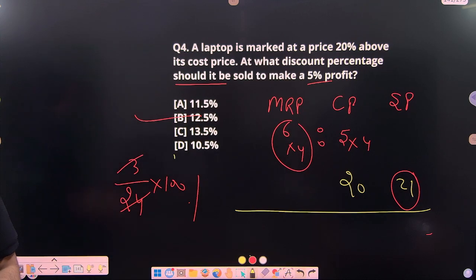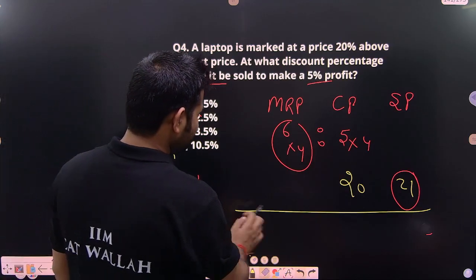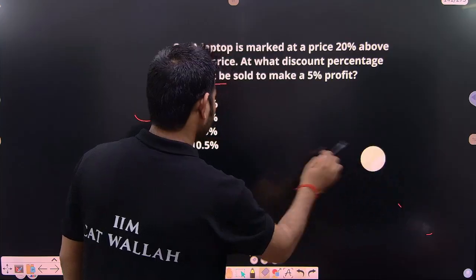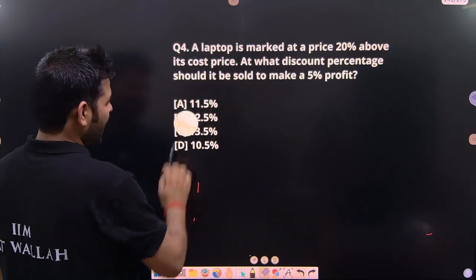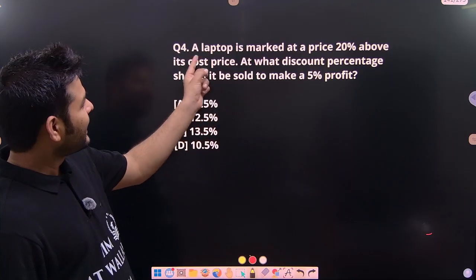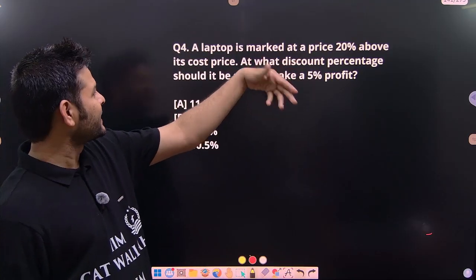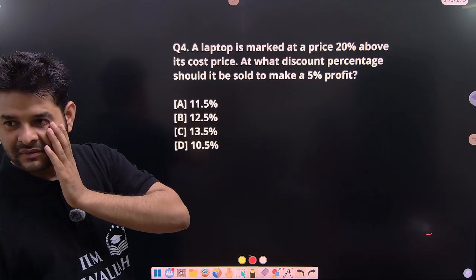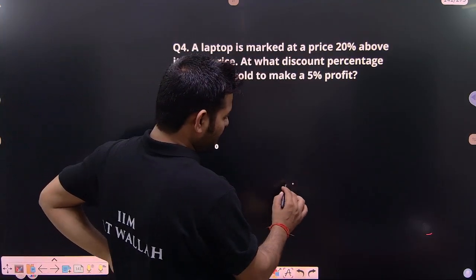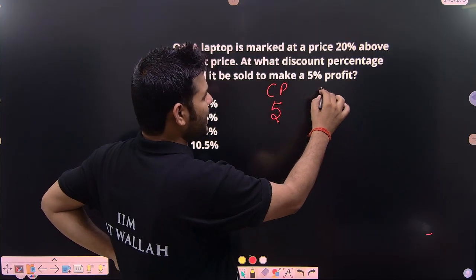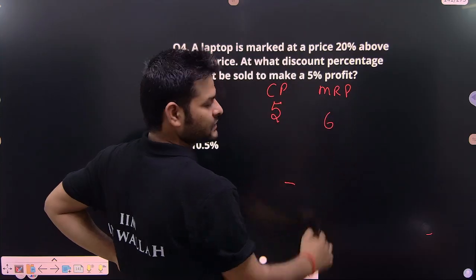It is quite an easy question guys, we were making it difficult by our ignorance. A laptop is marked at 20% above its cost price, so 20% means 1 by 5, so CP would be 5, MRP would be 6.